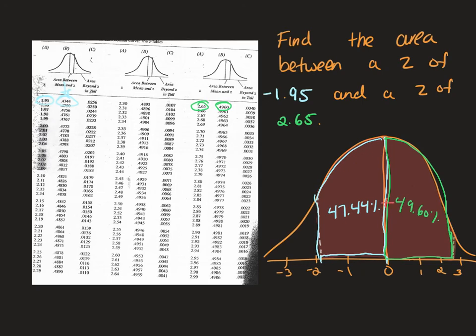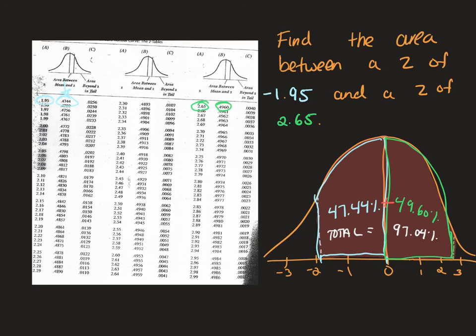So I need to add these two areas to find the total area from a negative 1.95 to a positive 2.65. When I add, I get 97.04%. So the area between a z of negative 1.95 and positive 2.65 is 97.04%.